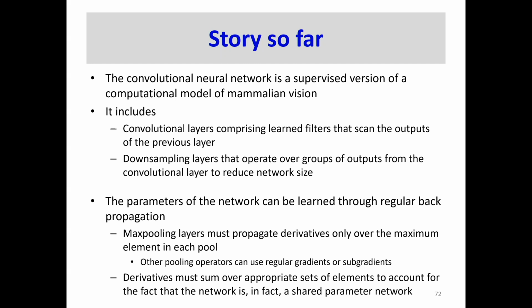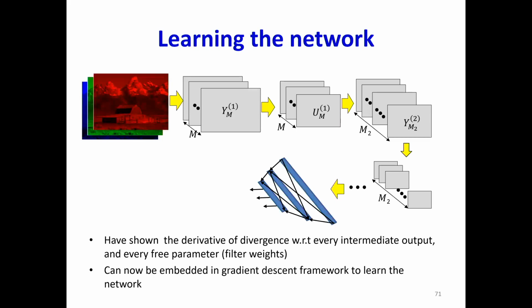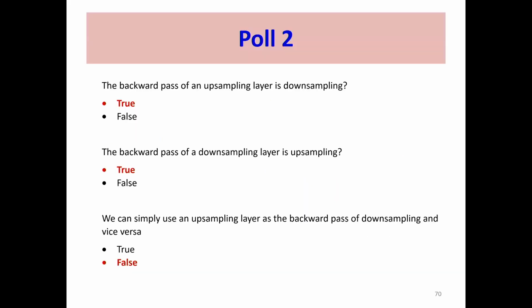But if that is true, why are the first 2 questions true? They look very much like downsampling, right? Yeah, it is, but you cannot say it's an upsampling layer, right? You cannot use it as an upsampling layer. So think about this case where I have 8 inputs, and I'm downsampling by 3.